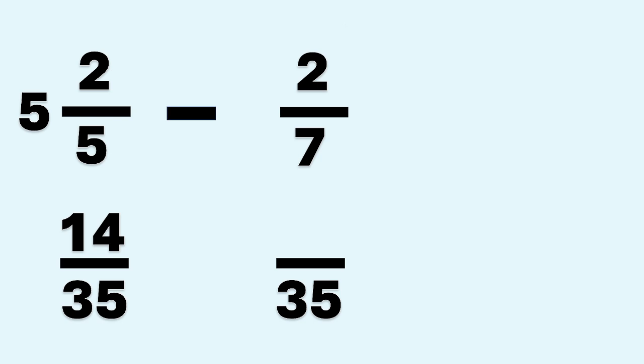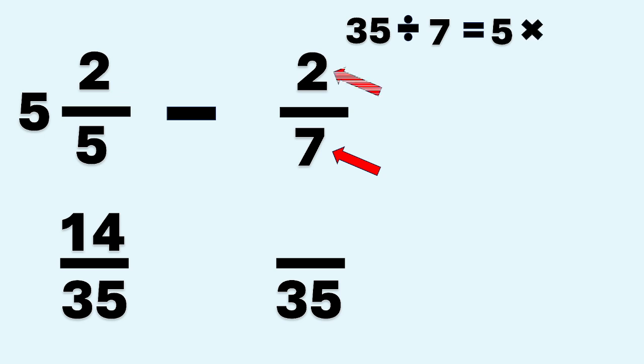Next fraction, we are going to divide the LCD 35 by denominator 7. So 35 divided by 7 equals 5. Then multiply the answer by numerator 2. So 5 times 2 equals 10. So we have here 10/35.